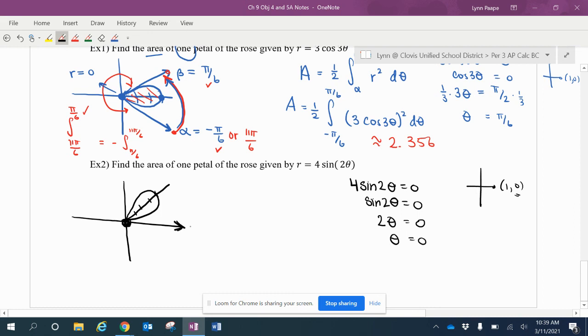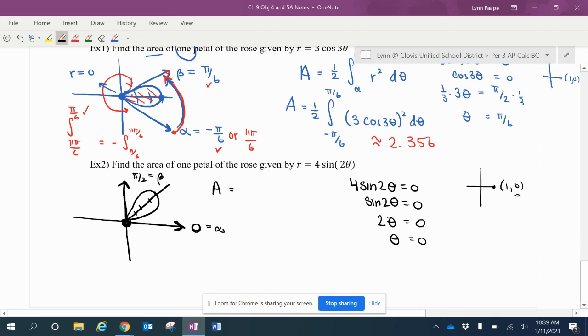So then that would be right here, right? So that graph is between 0 and also, I hope we can see, pi over 2. So that petal is sandwiched between 0 and pi over 2. So my alpha would be 0, and my beta would be pi over 2.